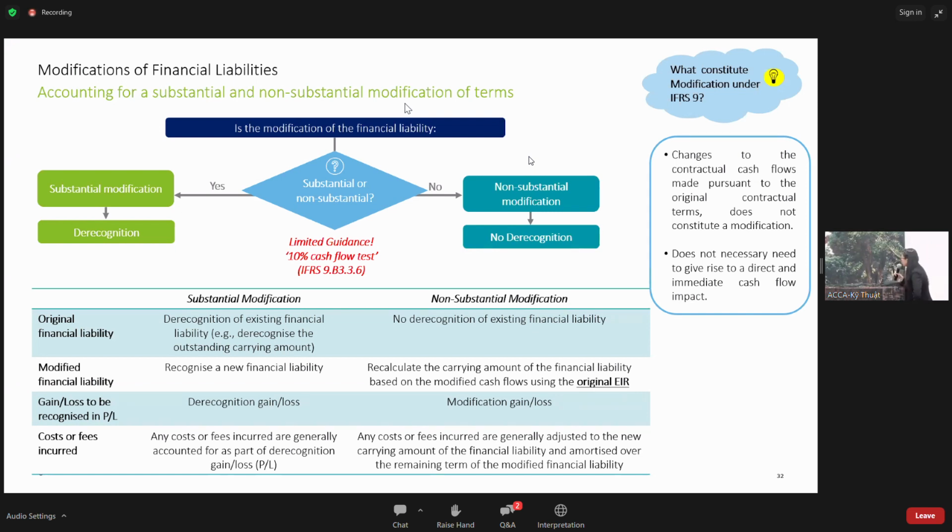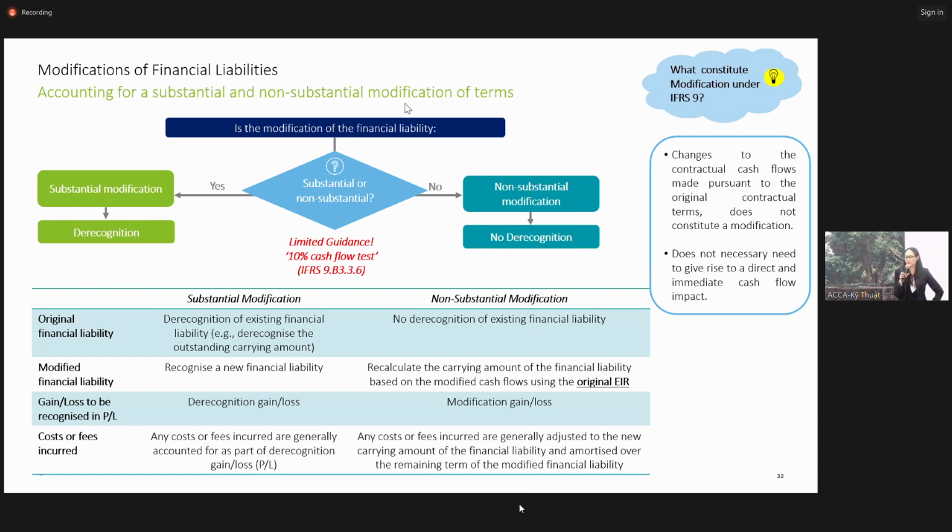Now for modification, the question to ask is: is it a substantial or non-substantial modification? Now what is substantial? This is where IFRS 9 gives you a figure. It says 10% test. So they do give you a threshold here. They say 10% cash flow test. If it exceeds 10%, it's substantial.